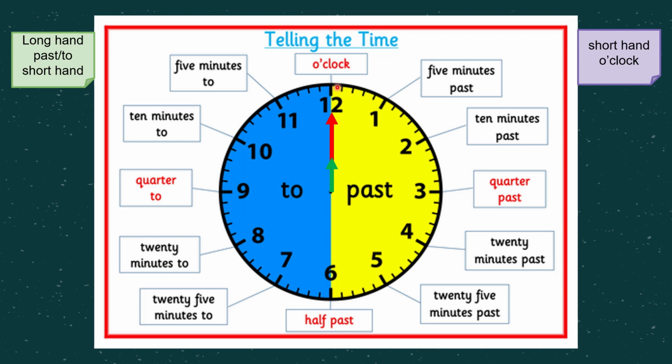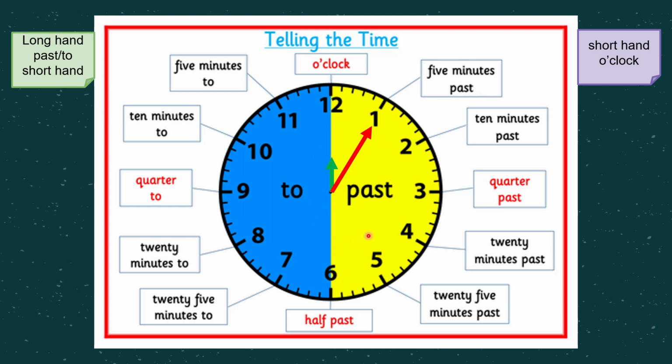In the next example, the shorthand is pointing to 12, whereas the longhand is pointing to 5 minutes past. In this example, we won't be saying 5 minutes past, but we will be using this formula, which is longhand past shorthand.